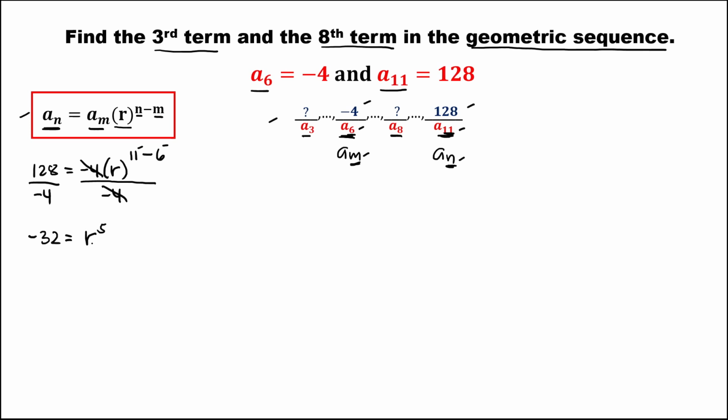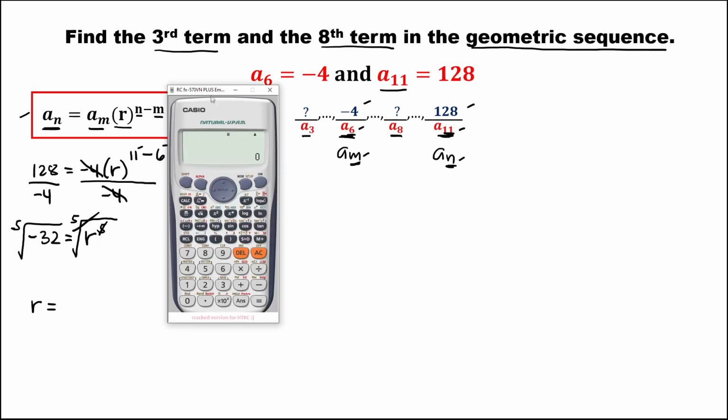So this is 5. To solve for the common ratio, since the exponent is 5, we need to take the fifth root of both sides. So R, the common ratio, equals the fifth root of negative 32.